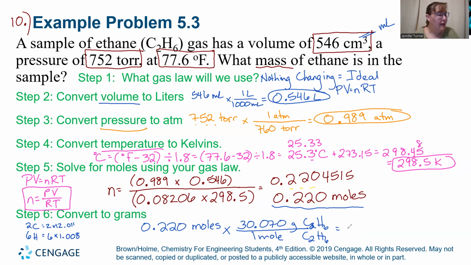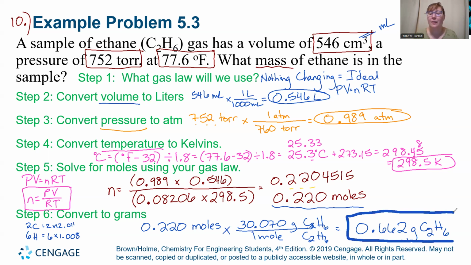Okay. And now I can have three significant figures for my final answer, and that gives me 0.662 grams of ethane. And that is my final answer. So all of that work just to get this value at the bottom.